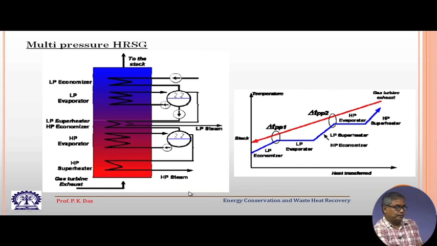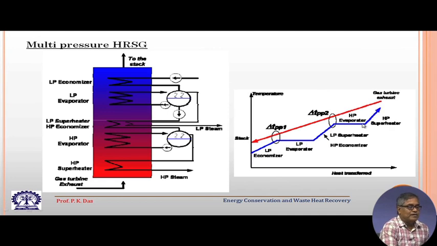If we see the temperature profile of the two fluid streams in the HRSG, we can see that the gas stream is changing its temperature like this, whereas the vapor stream or liquid stream is increasing its temperature like this. So, more or less we are following some sort of a parallel line.